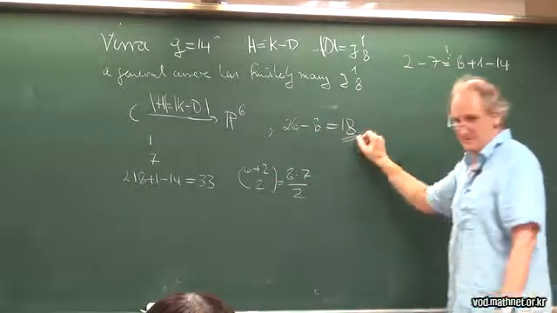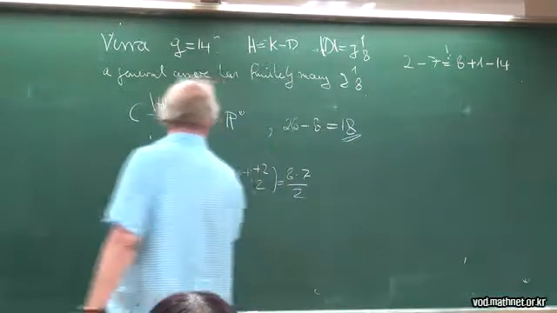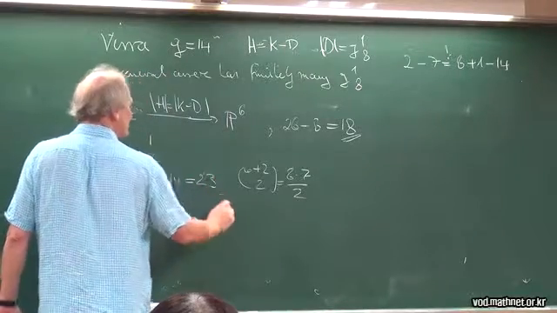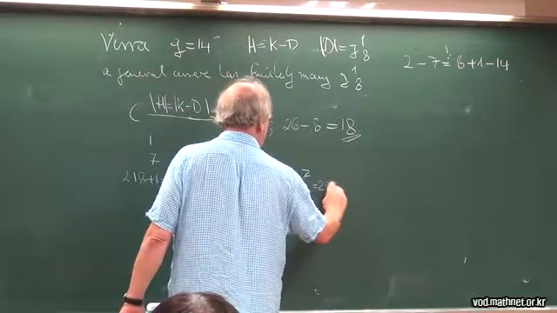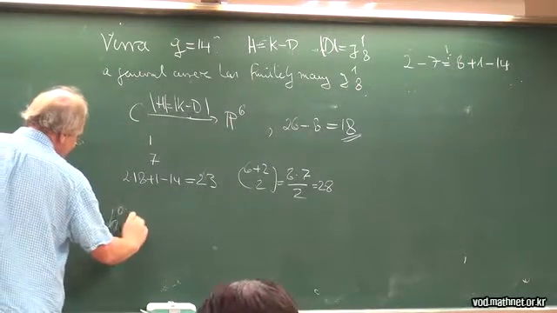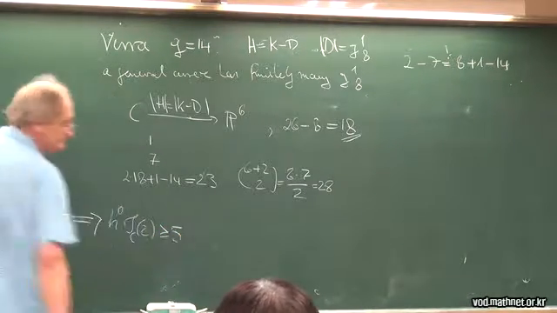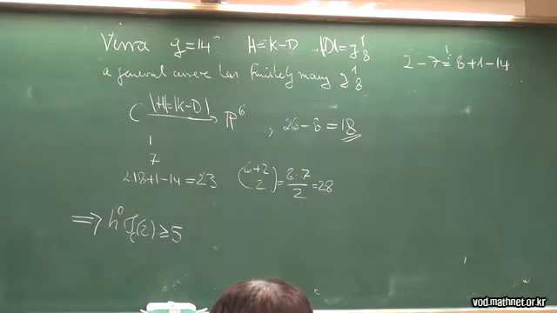Yes. So this is 36. This is 23, not this. This is wrong. Yeah. This is 23. And this is 28. That's bad. So it follows basically that h0 of I_C of 2 is greater or equal to 5, right? Yes. And I expect equality.